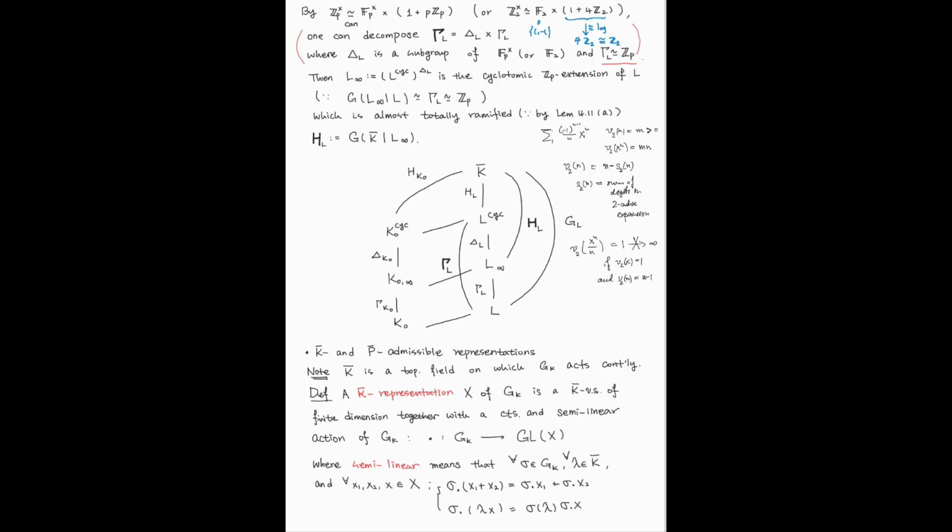Do you see my point? For instance, if P is 2 and we consider the element (1, 5), and then we consider the subgroup generated by this, and we even take the closure.